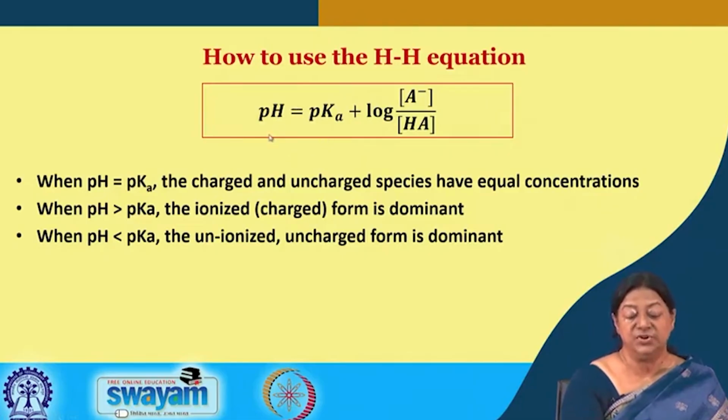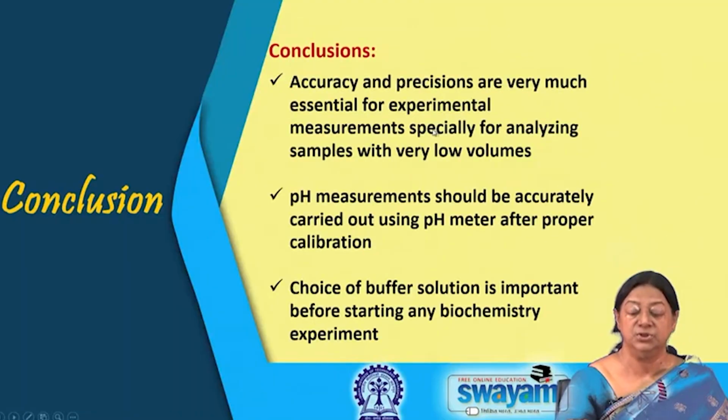When the pH is greater than the pKa, the ionized form is dominant. That means there is more of the ionized form than the unionized or uncharged form, making the pH greater than the pKa. When the pH is less than the pKa, this means that the uncharged form, or the denominator in this case HA, is dominant.